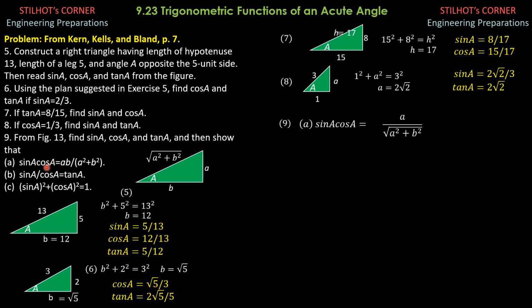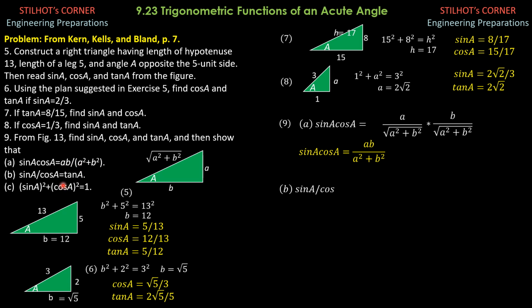Then cosine of A is adjacent side B over hypotenuse square root of A square plus B square. Since square root of A square plus B square times square root of A square plus B square is A square plus B square, therefore sine A cosine A is A times B or AB over A square plus B square.